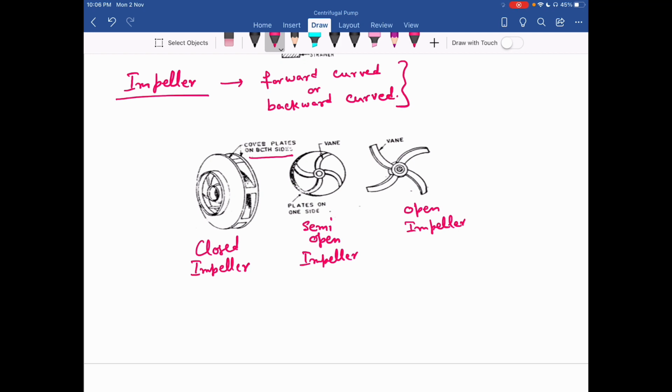When the liquid contains more suspended solid matter like sand, paper pulp, something like that, in that case we can use the open impeller. So these are the different types of impellers we have.